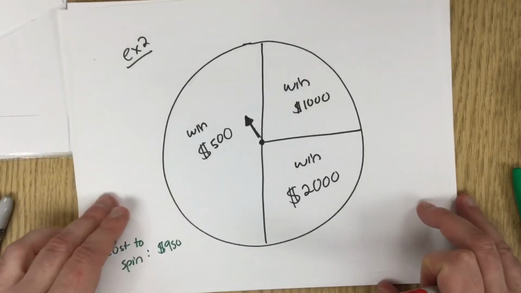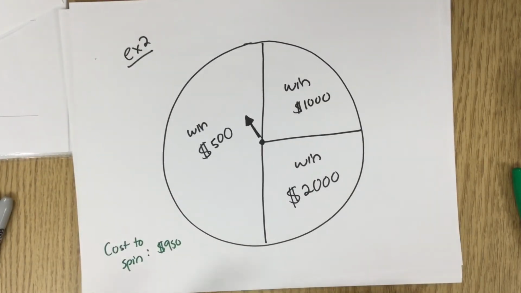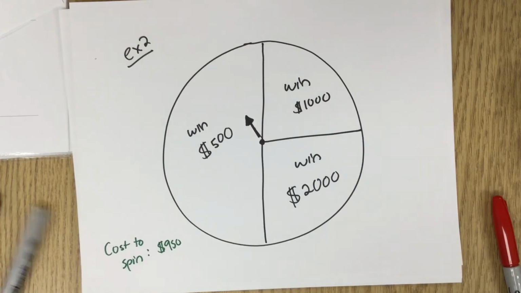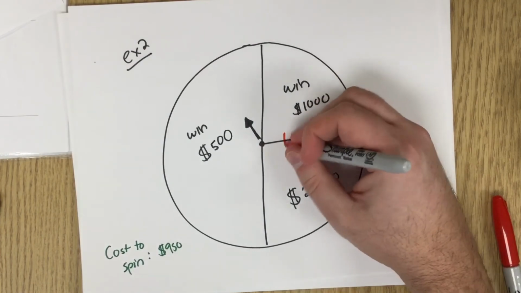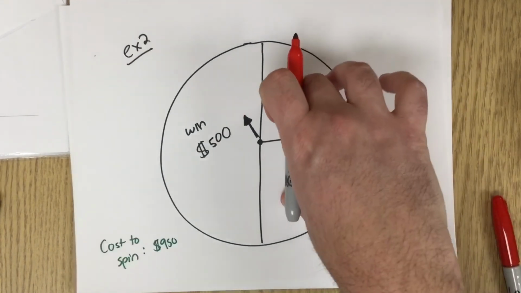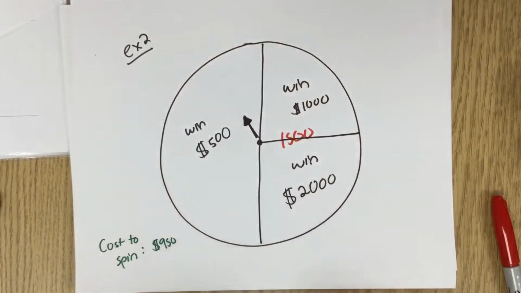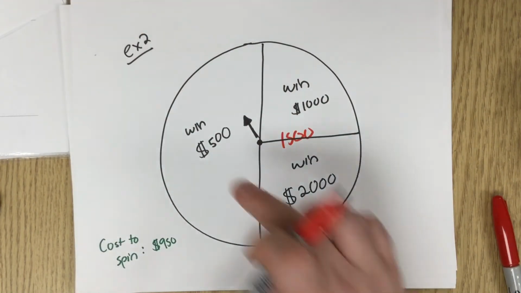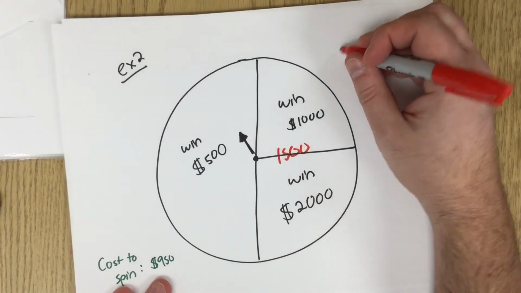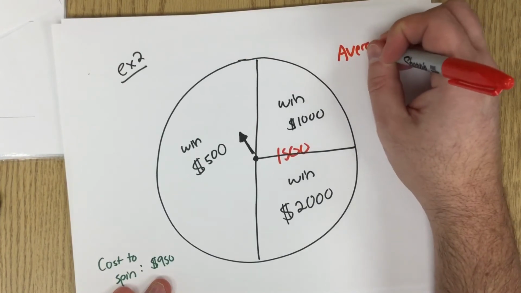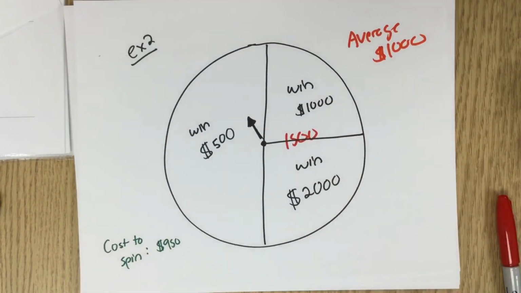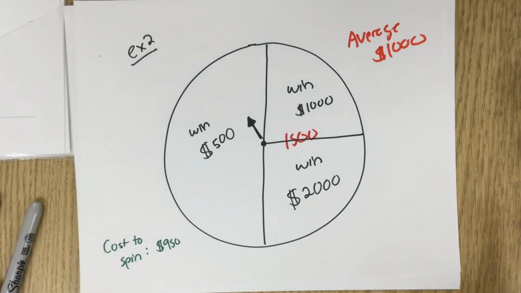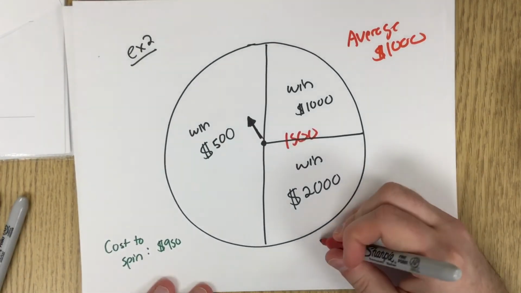Now over here, what's the average going to be on this side? A little harder to see. One way to think of it is that the average of 1,000 to 2,000 is 1,500. So this half of the wheel averages 1,500. This half of the wheel averages 500. And the average between 500 and 1,500 is going to be 1,000. So on average, when we spin this wheel, we're going to get $1,000. So we could say the expected value.